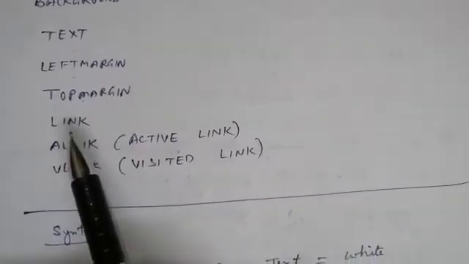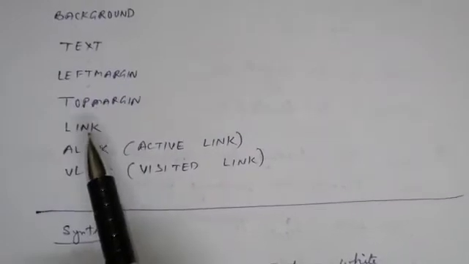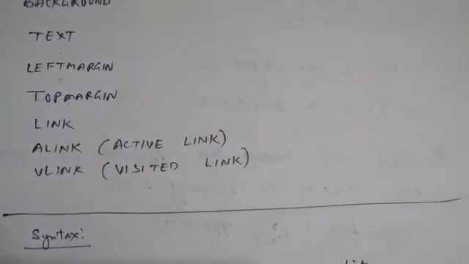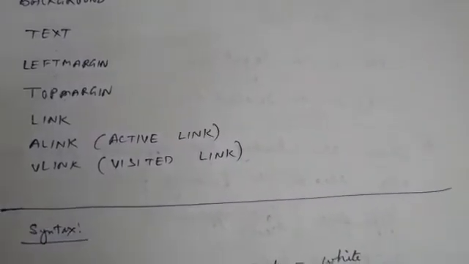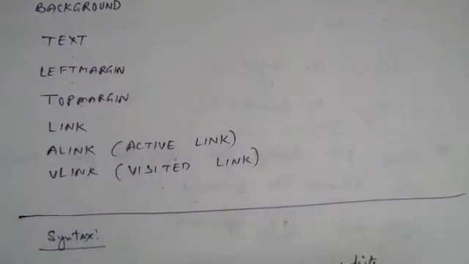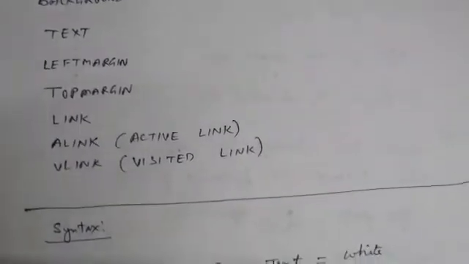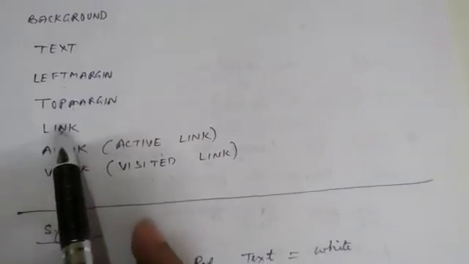Whenever we provide a link in our document, what is a link? It is the group of text which remains in blue color, and when you put your cursor on that blue text, your cursor appears as a hand image, and when you click on that text, it takes you to some other location, some other page or some section of your page. That is a link, which is also known as a hyperlink. So this link is the color of the link.